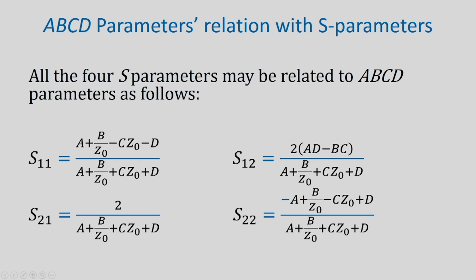So, once we have these relationships established, if we know the ABCD parameters for a 2 port, we can find out the S parameters, and this gives us the ease of calculating the S parameters, particularly when we have 2 ports in cascade.